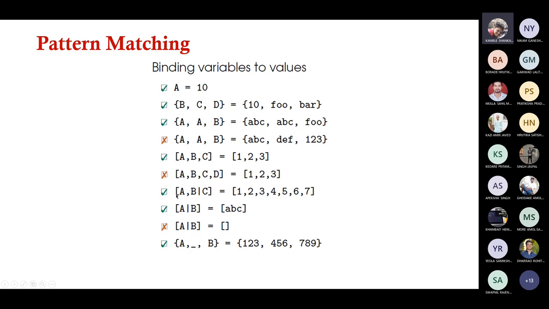Now, this is A comma B or C, right? So if it is A comma B or C, then you have 1 2 3 4 5 6 7. Suppose this is now a list. Square bracket means it's a list, and this is A or B. So this is ABC. Can you see the difference in this assignment and this assignment here?